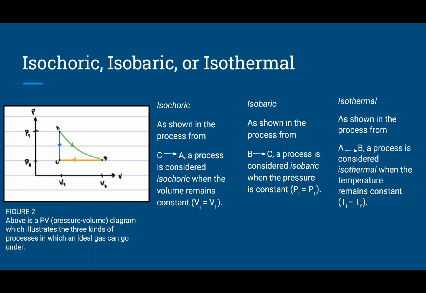Next, we're going to talk about isobaric. Isobaric is when the pressure is constant, or you could also say the initial pressure equals the final pressure, and that is demonstrated through the yellow line, which goes from point B to point C. Lastly, we have isothermal, which is shown through the green line from point A to point B, and that is when temperature remains constant.